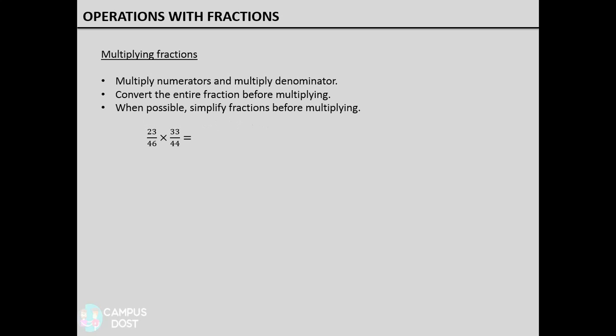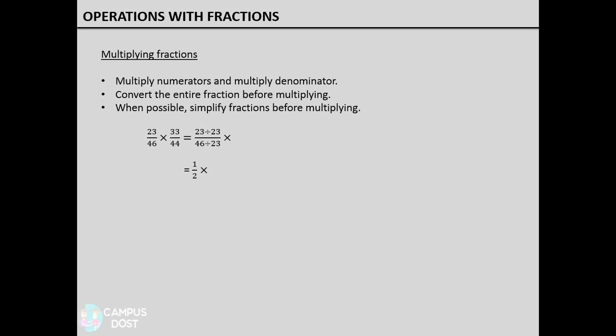Alright, now consider another product. If we multiply the numerators and denominators here, we end up with some very large numbers. However, before we perform any multiplication, we should first see if we can simplify the fractions. For example, we can simplify 23/46 by dividing top and bottom by 23 to get the equivalent fraction 1/2.